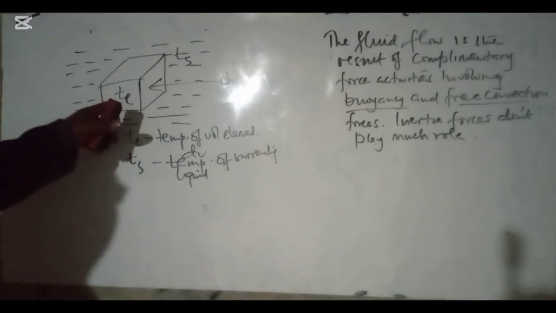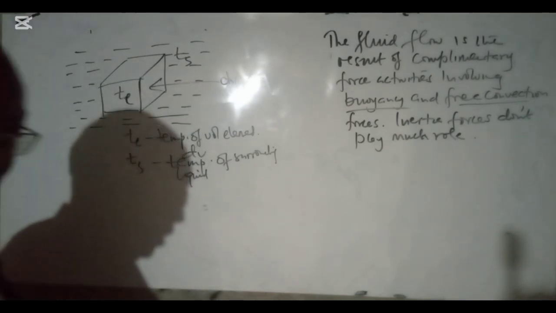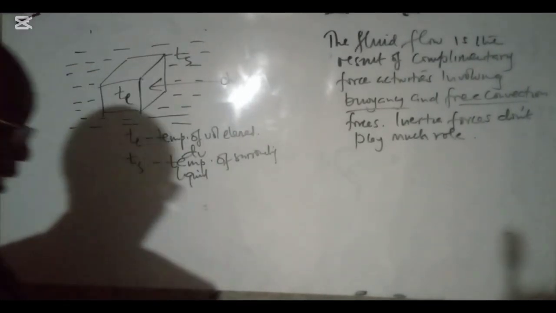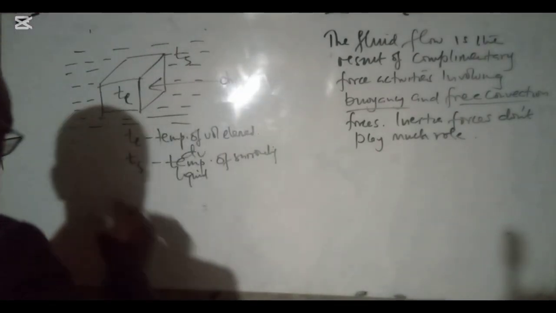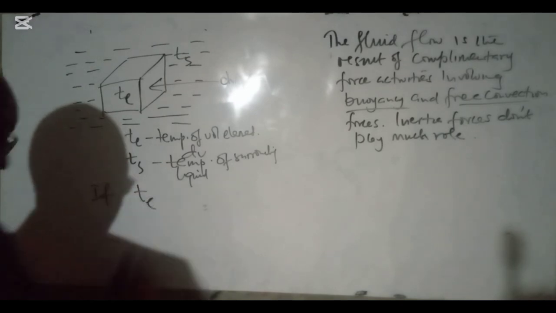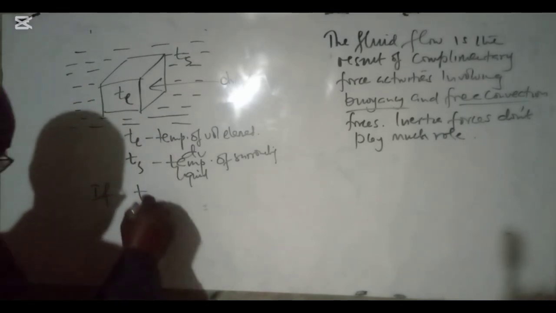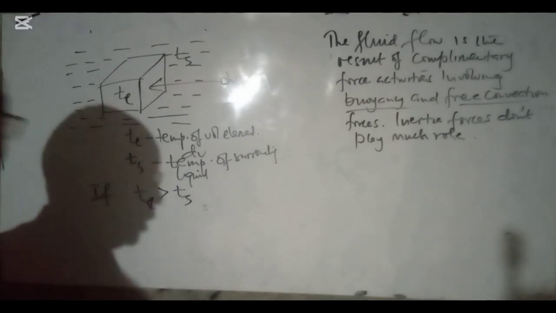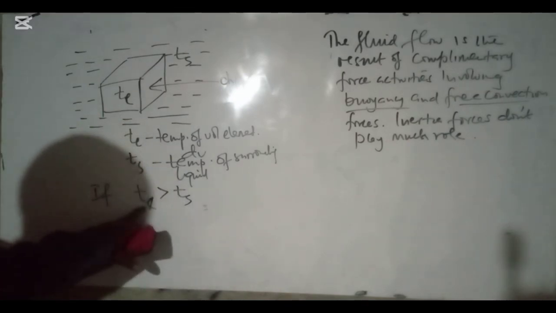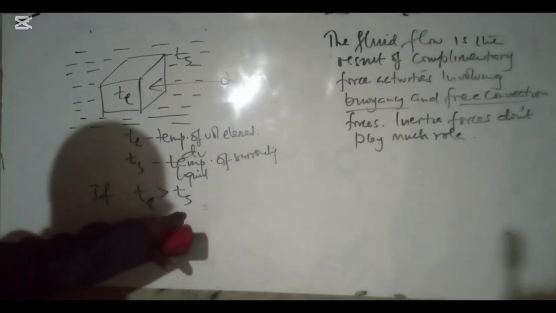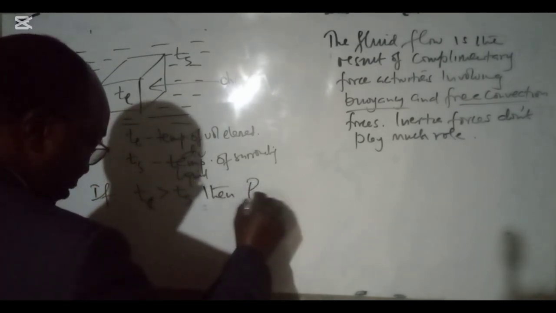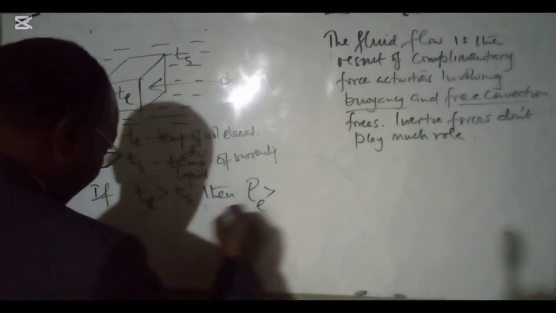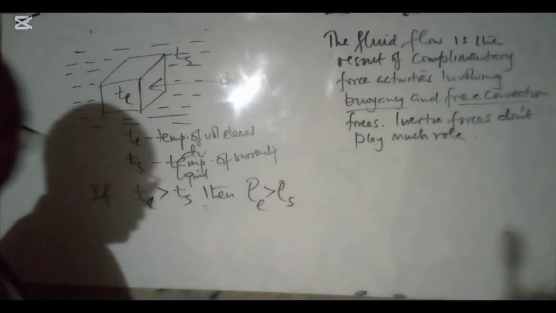If the temperature of the volume element is higher than that of the surrounding liquid, then the density of the volume element will be lower than that of the surrounding liquid.